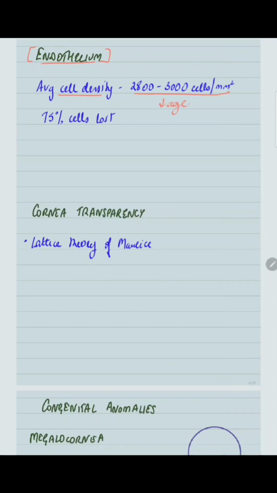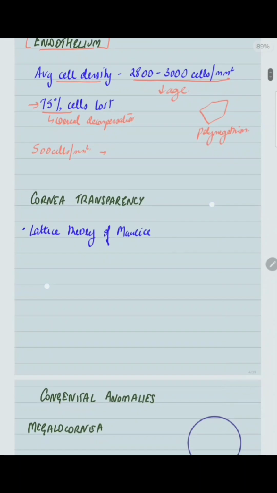Cell loss with age is compensated by enlargement of cells, known as polymegathism. Corneal decompensation occurs after 75% of cells are lost. At a density of about 500 cells per millimeter square, corneal edema develops and transparency is impaired.